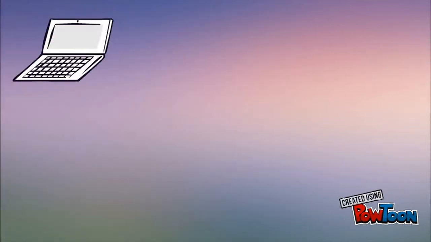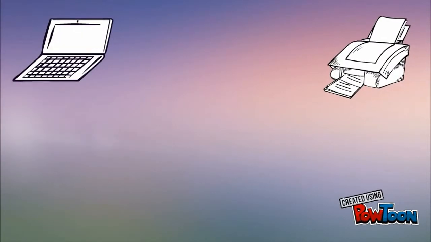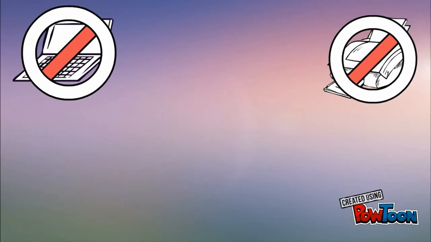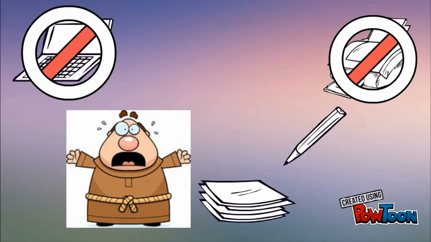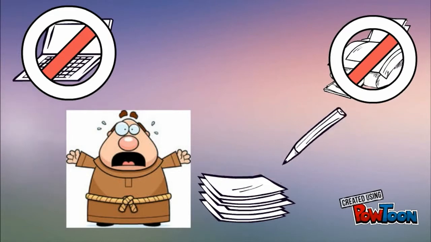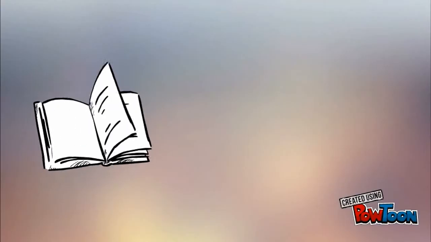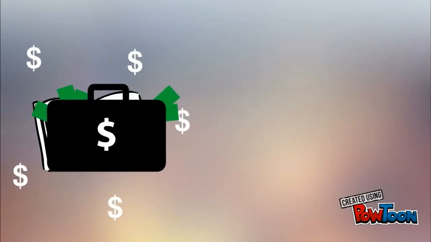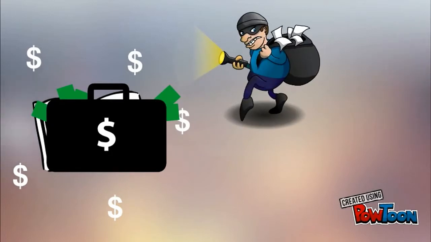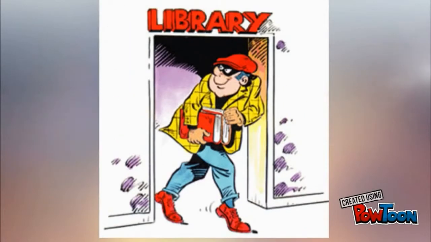Long before there were computers or copy machines, all books were copied by hand. Scribes would spend months copying each book, word by word. Very few people knew how to read, and even fewer could afford to buy a book. Books were expensive. In some libraries, books were chained to the table to keep people from stealing them.